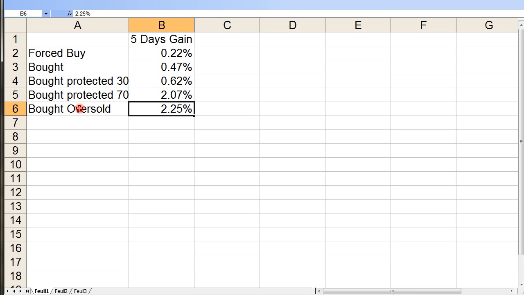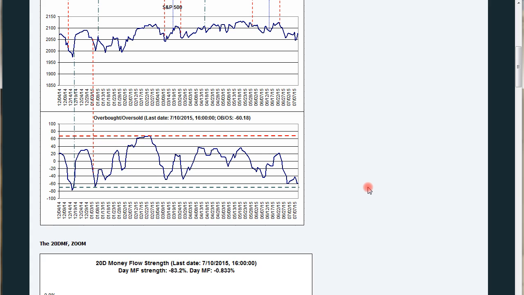What is bought oversold? Let's go back to this indicator. A bought oversold signal is issued when this indicator falls much below the oversold level and then bounces back just a little, by 3 points.